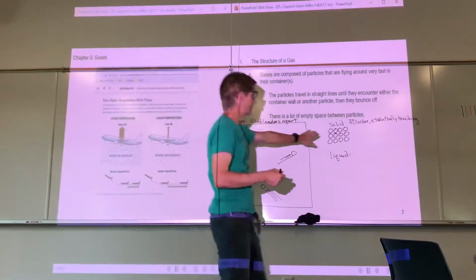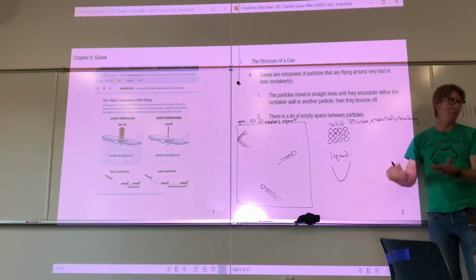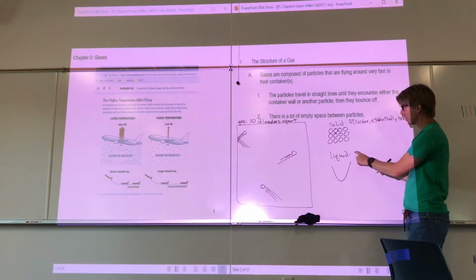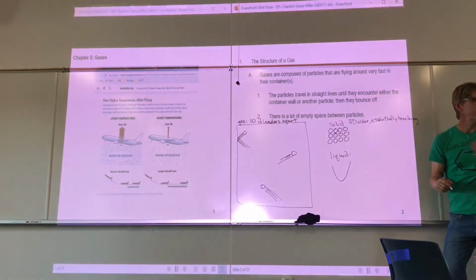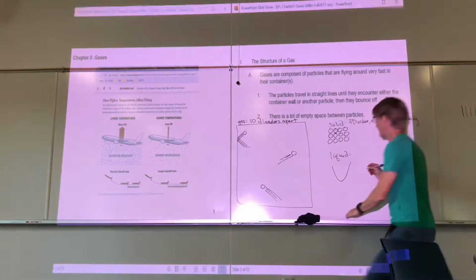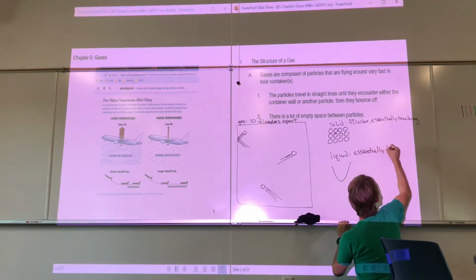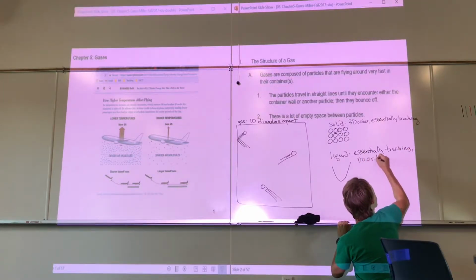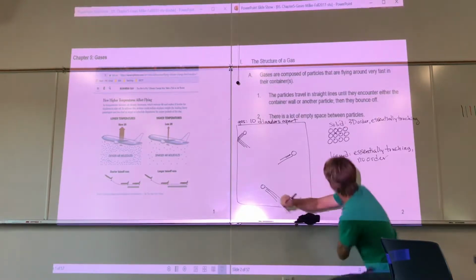So I'm going to draw these, my liquid's in the bottom of a test tube of some sort. I'm going to try to draw them essentially touching, maybe a little farther apart, but with no order. So something like that.